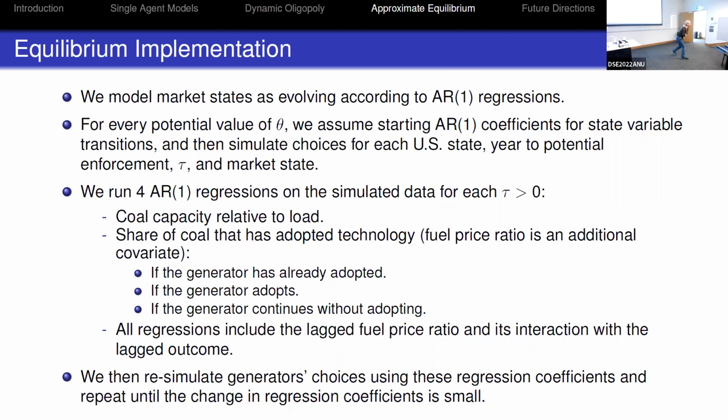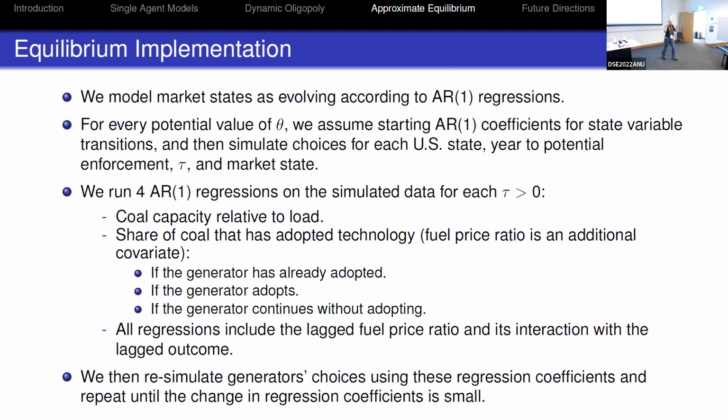Exit. Yes. So for adoption, I'm choosing whether to adopt the technology or not. For capacity, I'm choosing whether to exit or not. If I exit, I get a scrap value and I'm done. I don't care what the state looks like after that point. Right? Okay, so that's the check.